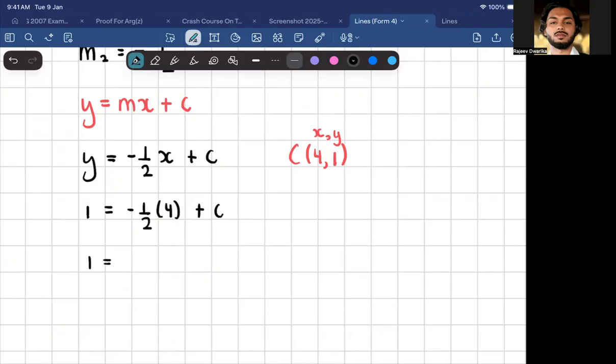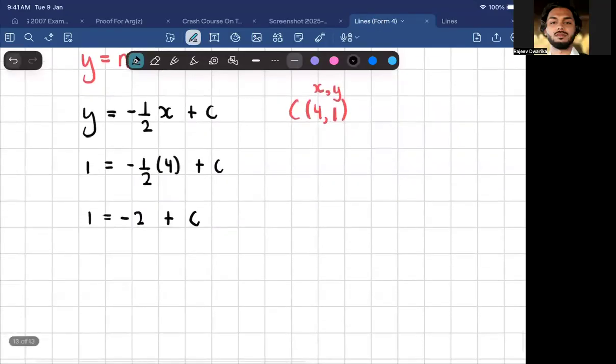Joshon, what's minus a half by 4? What's a negative by a positive? A negative, sir. A negative, right? So this would be negative, and what's a half of 4? 2, sir. Right? So negative 2.